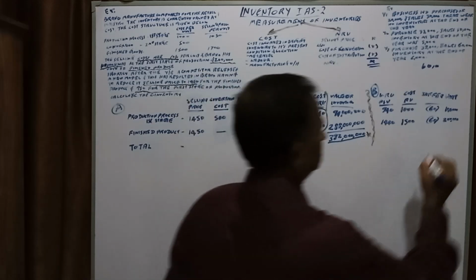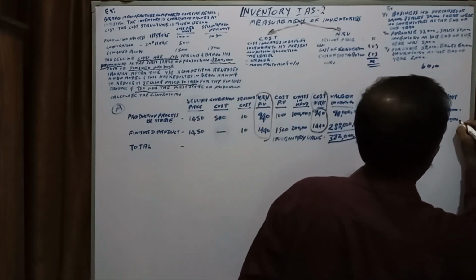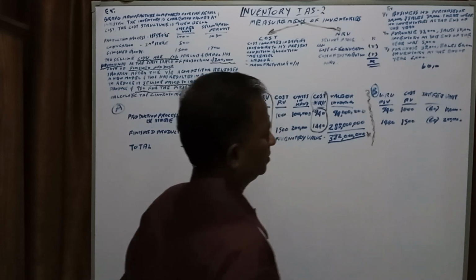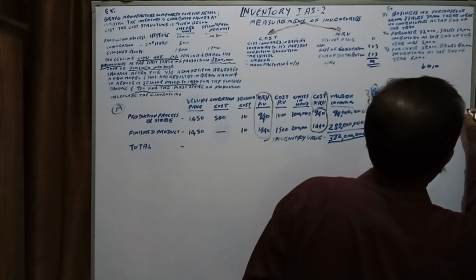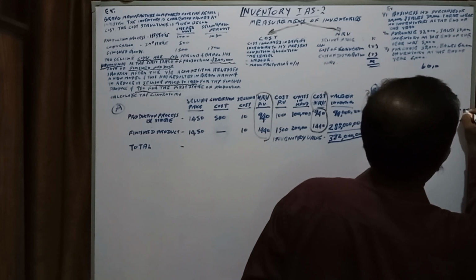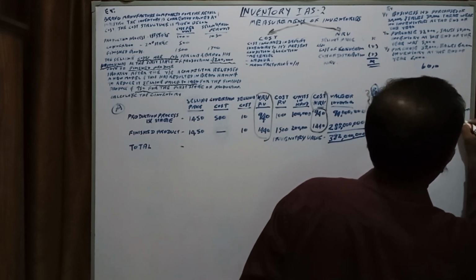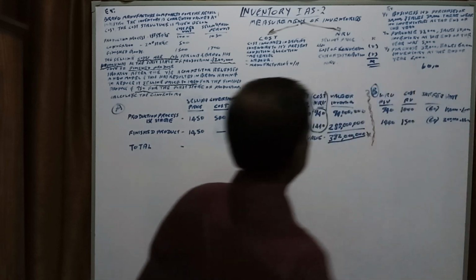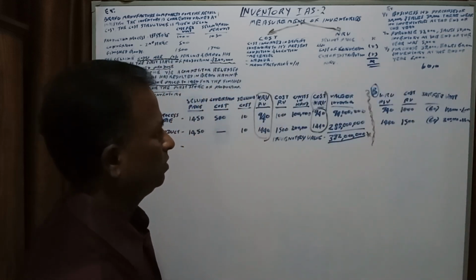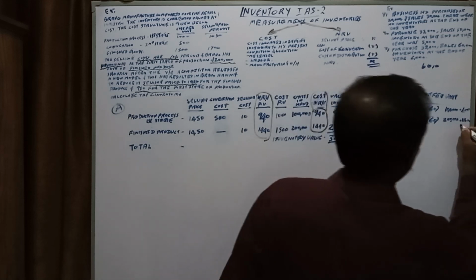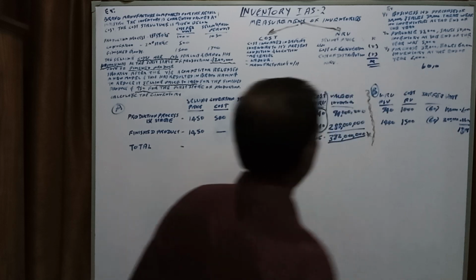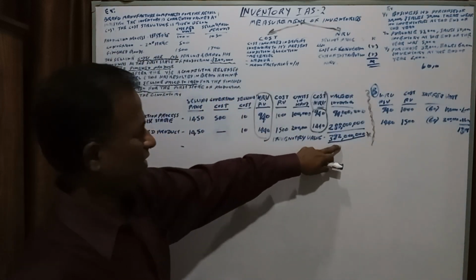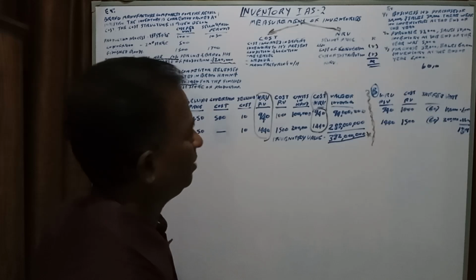This should be 6 million, and this one is 12 million, total 18 million. We have to adjust 18 million right now. If we adjust 18 million, we will arrive at 400 million.